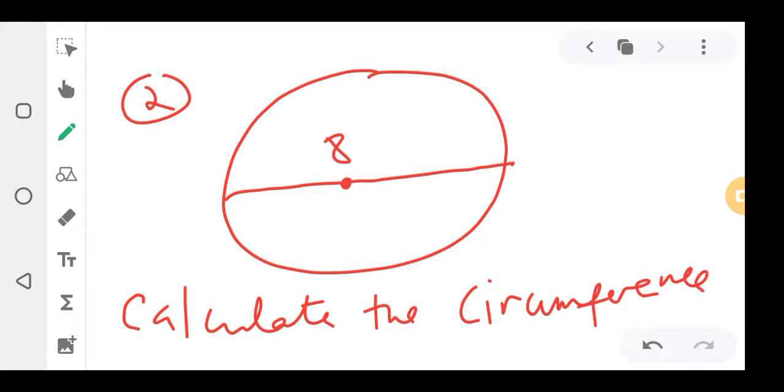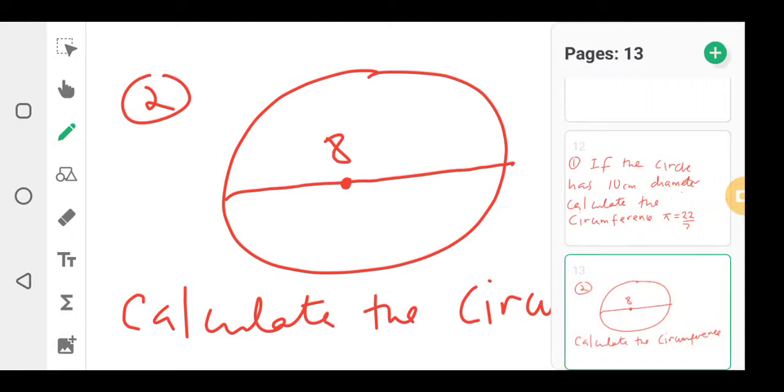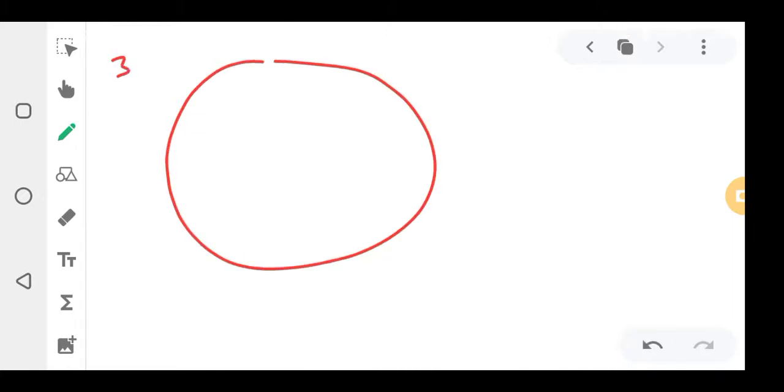That is question 2. Question 3, then this one has got a radius of 1.2. See, this is the radius now. It has not diameter like the other one.